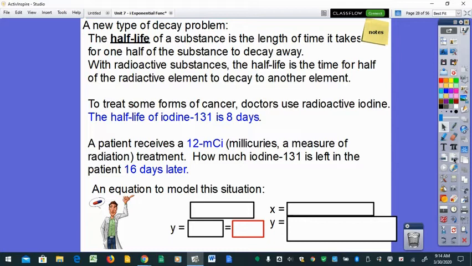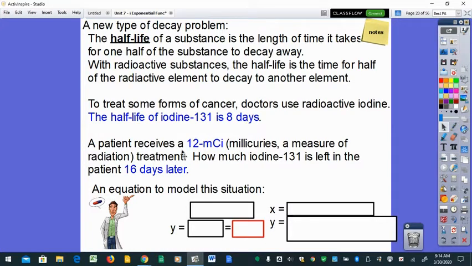To treat some forms of cancer, for instance, doctors use radioactive iodine. The half-life of iodine-131 is 8 days. So this is the name of a radioactive material right here. So every 8 days, half of it would disappear, half of it would change.